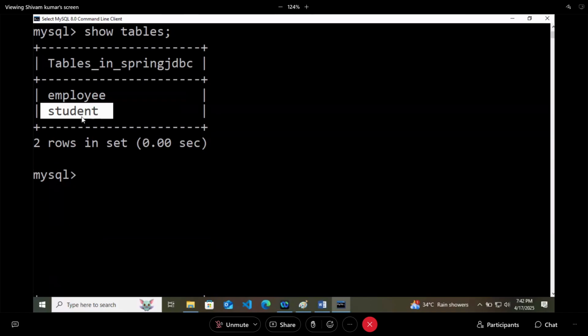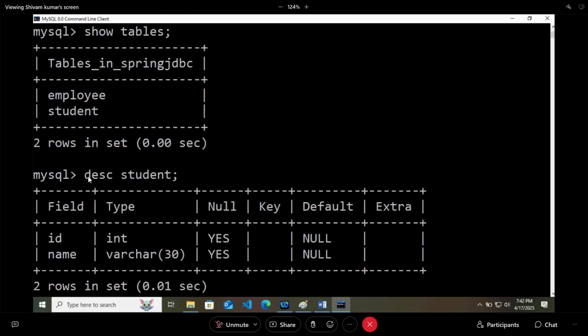Now let's say I will show this student table. I will write a query, DESC student. What does it mean? Describe student. What will it do? Show the structure of the table.